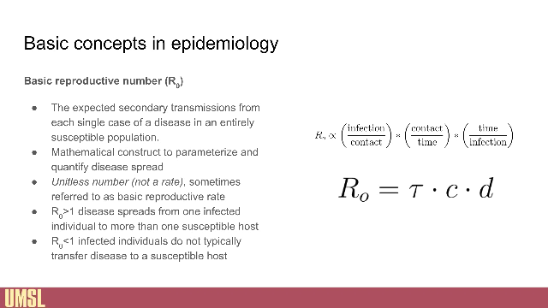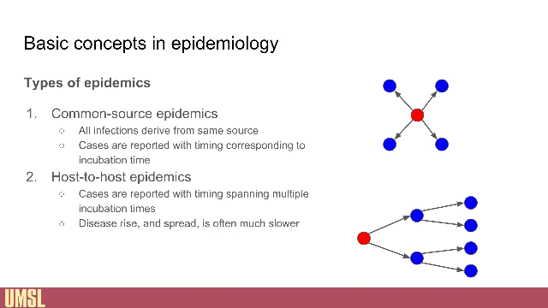So this does not mean that an infected individual can't wreak all kinds of havoc. If I had cholera and we were all drinking water from the same well, and I hadn't washed my hands, and I washed my hands in the well, and we all go and get water, we would end up with a common source epidemic, right?